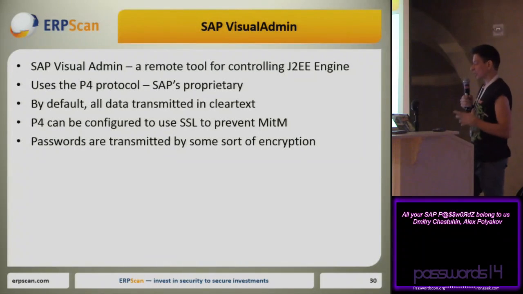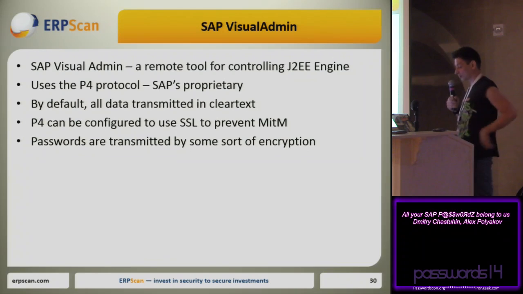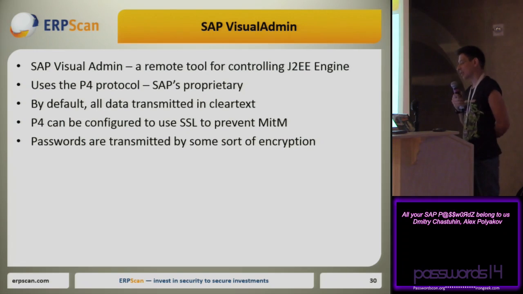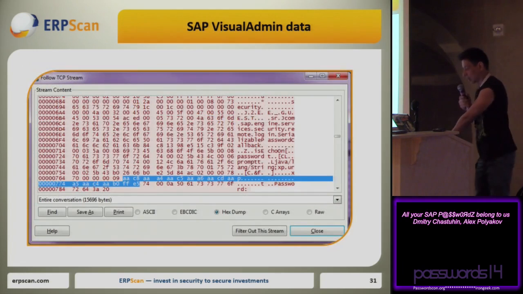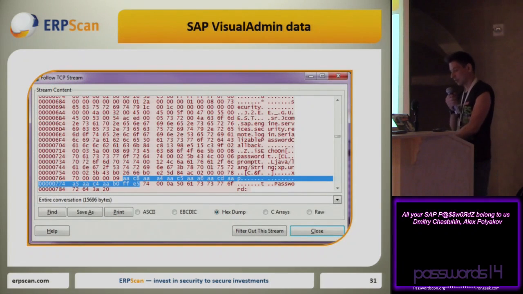The next client-side application to describe is SAP Visual Administrator. SAP Visual Administrator is a remote tool for controlling the J2EE engine used in SAP systems. This tool uses the proprietary P4 protocol, and by default all data is transmitted in clear text except passwords. That's how the protocol looks.